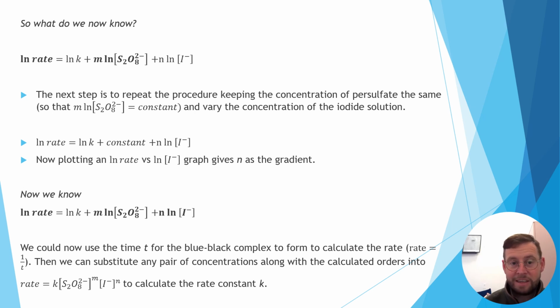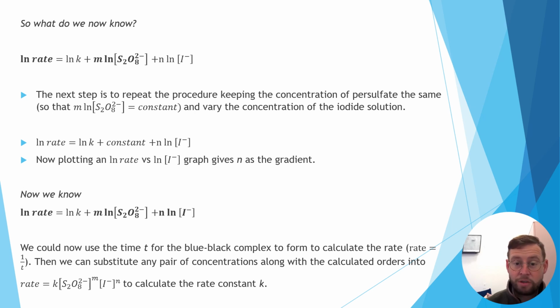So plotting the graph of the natural log of the rate versus the natural log of the iodide concentration will now give us n, which is the power to which the concentration of iodide had to be raised to make it proportional to the rate, which basically means n is the order with respect to the iodide concentration. So now we know another thing. We now know the order of both the persulfate concentration and the iodide concentration with respect to the rate. And you can see in bold there, I've shown you basically everything we now know.